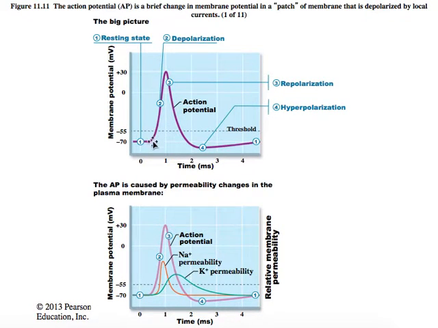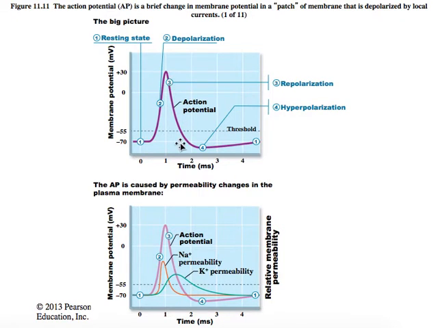The depolarization phase of the action potential, number 2 here, what occurs here is that sodium channels are opening. And the sodium channels that are opening are voltage-gated sodium channels. Sodium, as a result, will rush into the cell, causing a huge depolarization, a huge upswing in your membrane potential. And then number 3 here is the repolarization.